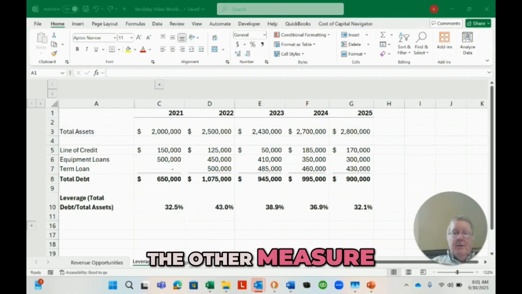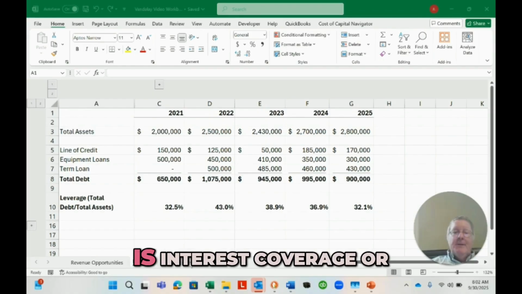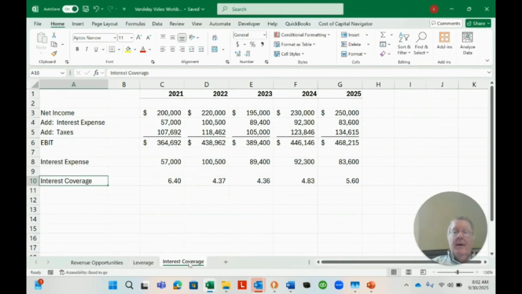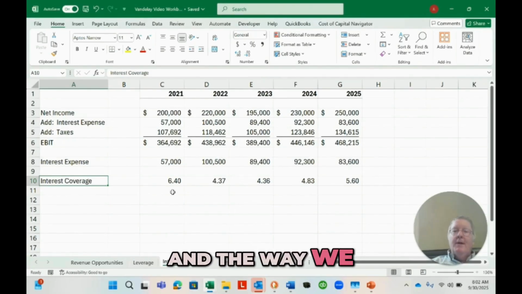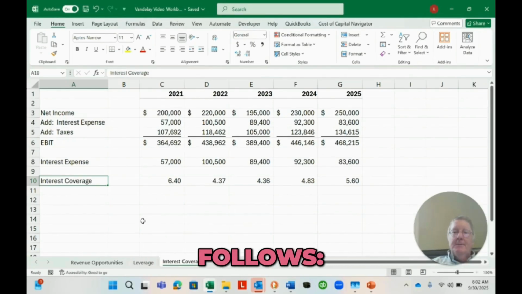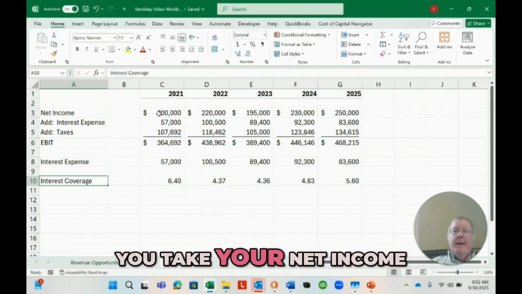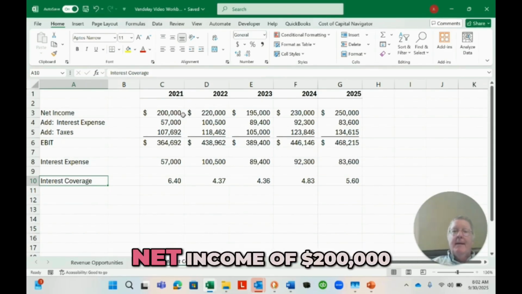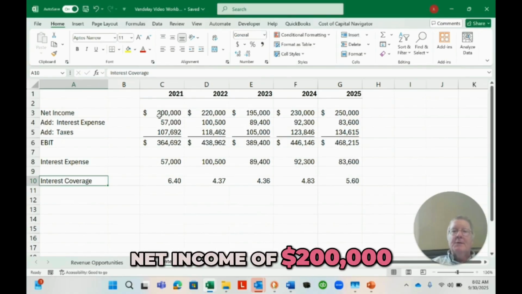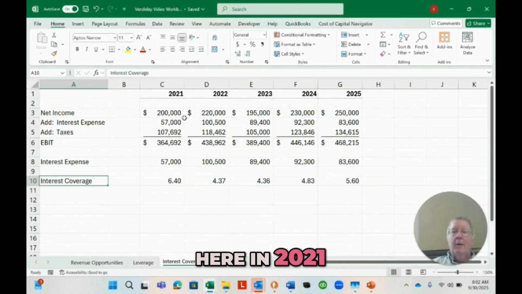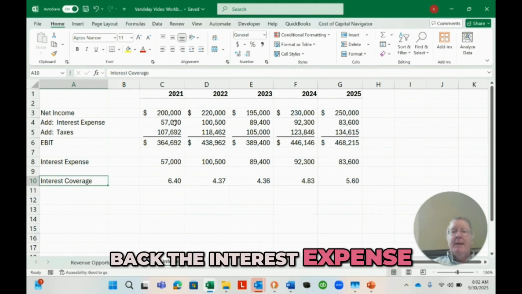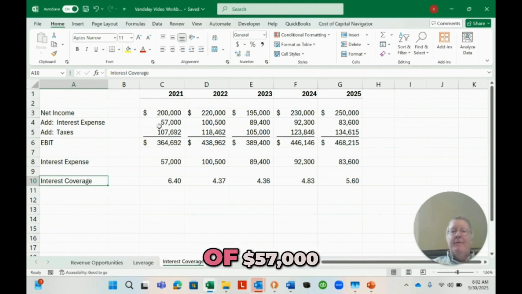The other measure is interest coverage, or times interest earned. And the way we measure that is as follows. You take your net income, and let's take Vandelay's net income of $200,000 here in 2021. We are going to add back the interest expense on the debt of $57,000.